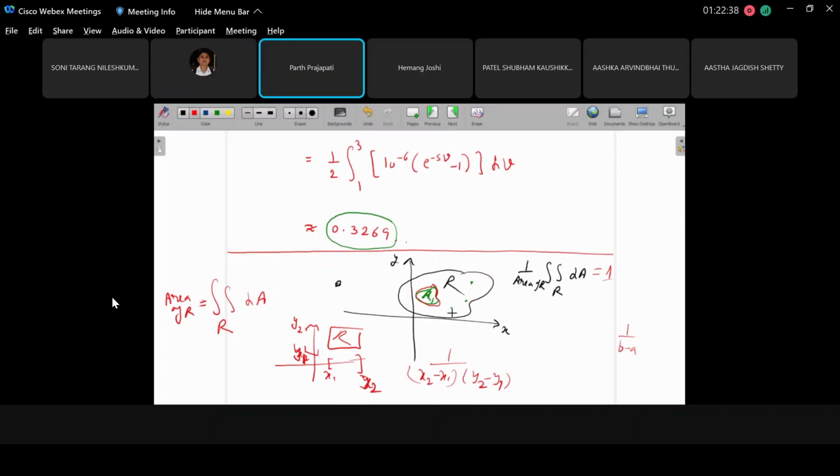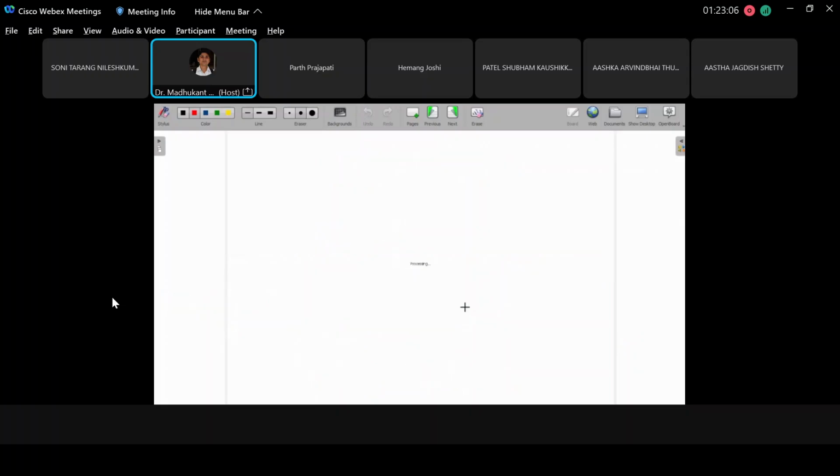Sir, I think it will be area of R1 divided by area of R. And that is certainly less than or equal to 1, because area of R1 is less than or equal to area of R. This is in the same line as what we followed for the uniform random variable over the interval, now over the region, now over the volume, and so on. Region means 2-dimensional, and volume means 3-dimensional.